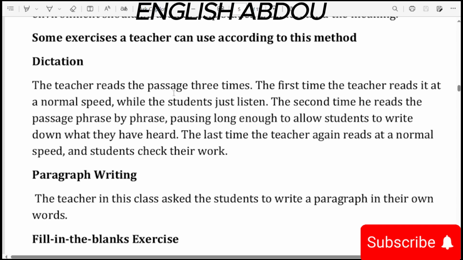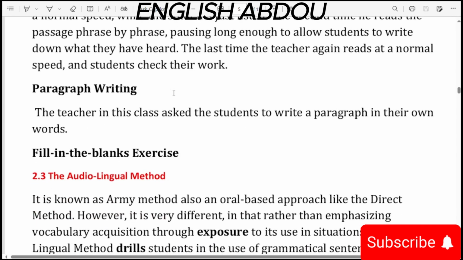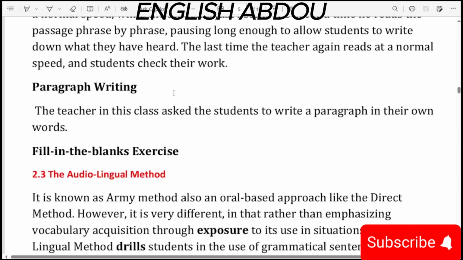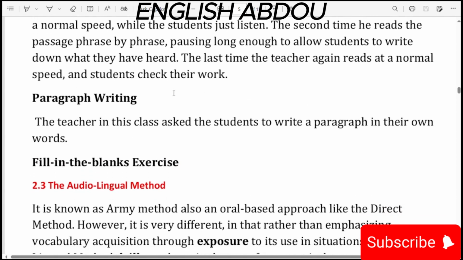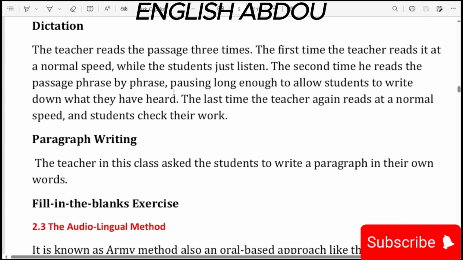Paragraph writing helps students to write in their own words, okay, filling the blanks exercise, and so on and so forth. Of course, here the weakness of this method is that in general it cannot be used in large classes.